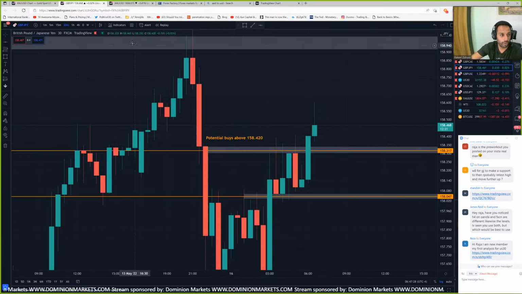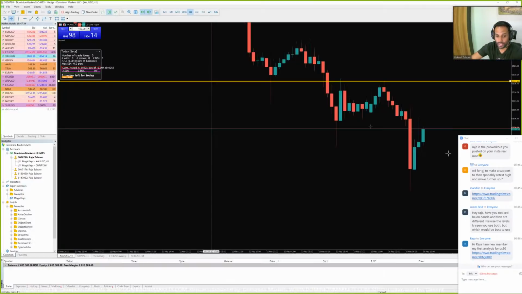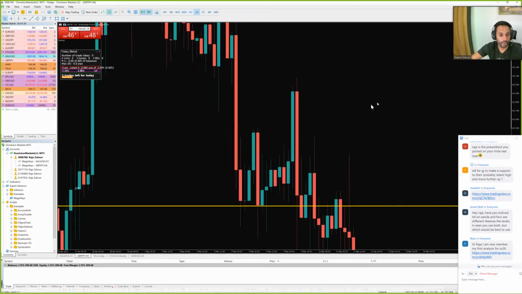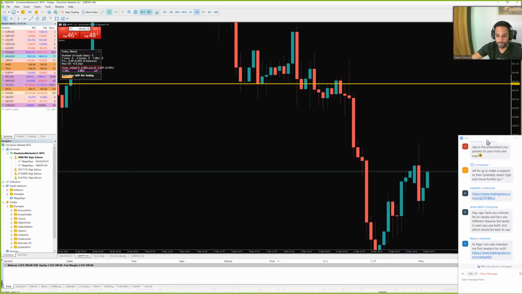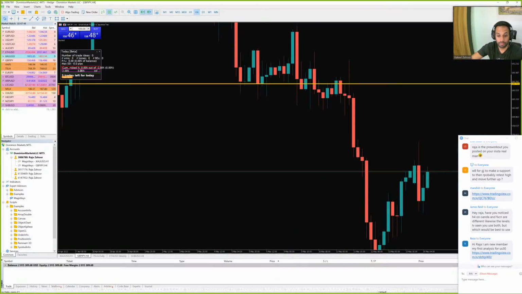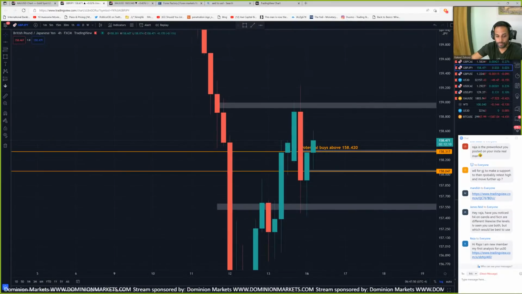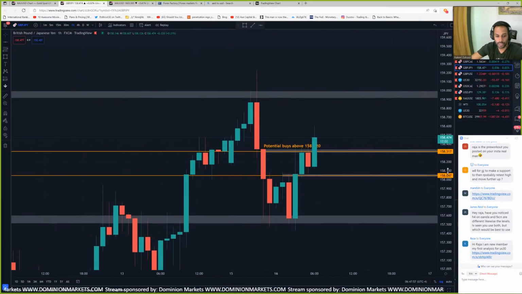If you look at the liquidity on pound yen on the 4-hour, the 4-hour candles are different. Oh, wait, hold on. They're actually the same today. Okay, interesting. Oh no, they are a little bit different. So I just focus on the smaller time frames. The 1-hour candle is going to close in 12 minutes and then we'll see.